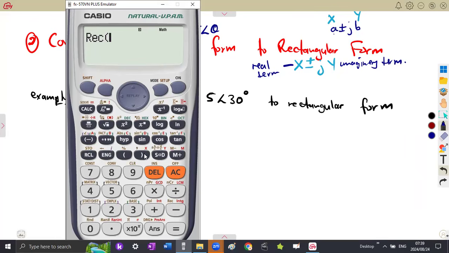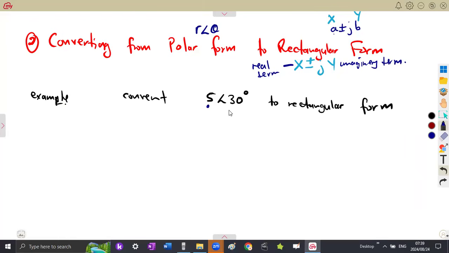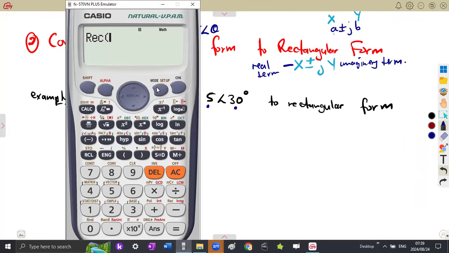So it's shift negative. It opens the bracket for you. Then you insert the values that are presented here, the 5 and the 30, separated. So it's going to be 5, then shift close bracket to separate it from 30. So you just write 30 as it is.